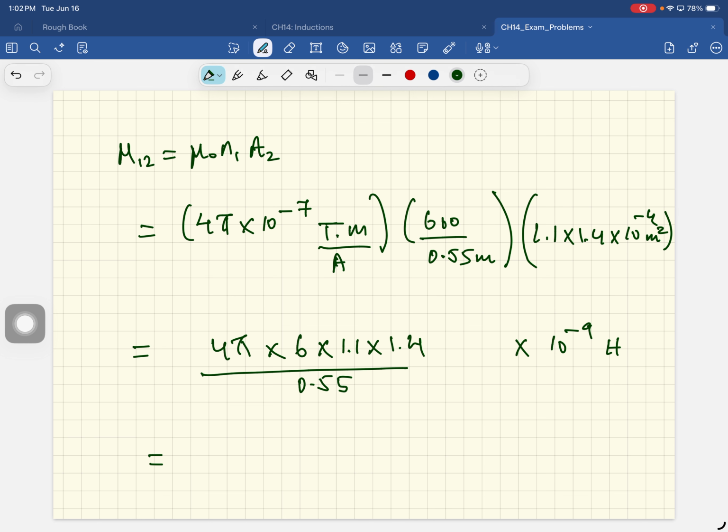A long cylindrical solenoid with 100 turns per centimeter has a radius of 1.5 centimeters, neglecting end effects. What end effects are: if you have solenoids, the magnetic field is like that, and then you'll get leakage fields. So there is some energy here outside the solenoid.